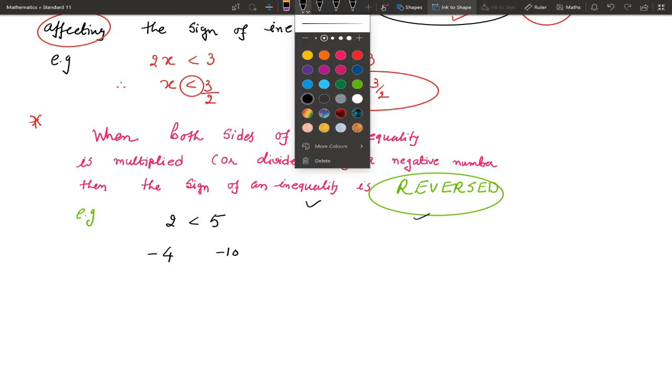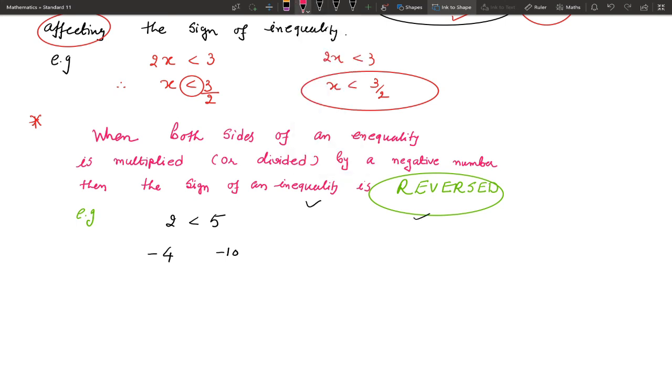So you can observe between minus 4 and minus 10, minus 4 is greater than. You note this important change. Here 2 less than 5, here it is less than, but since we have multiplied by negative number, inequality is reversed.